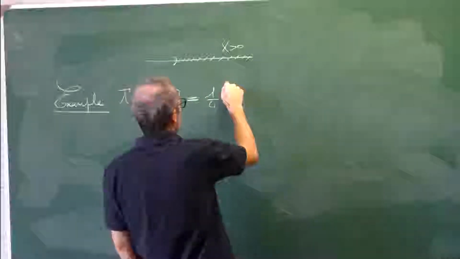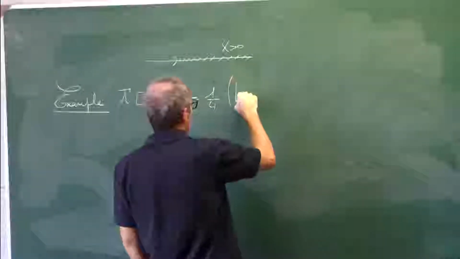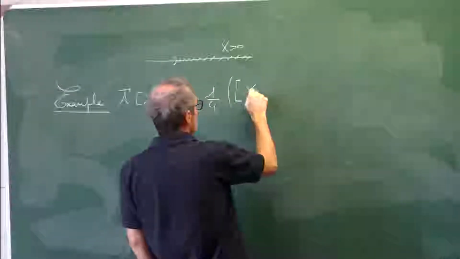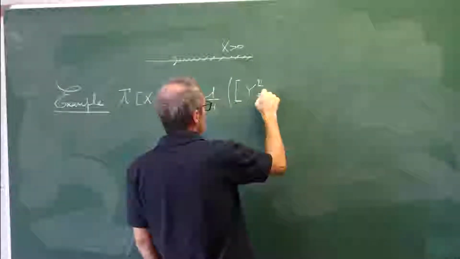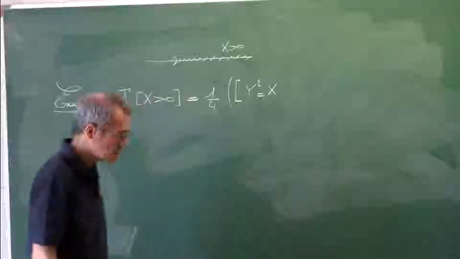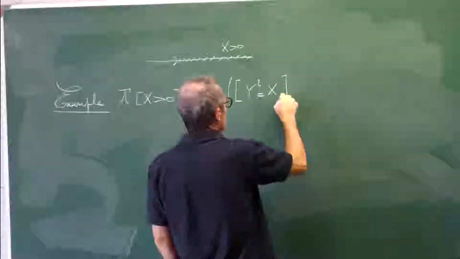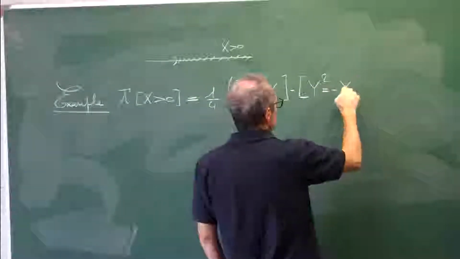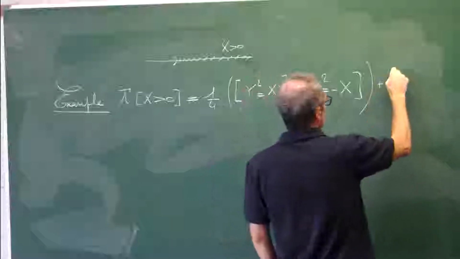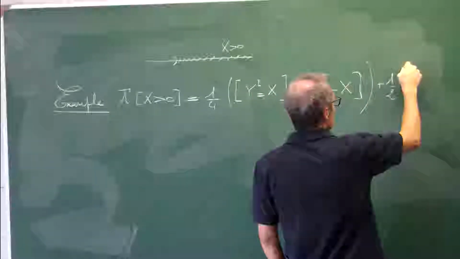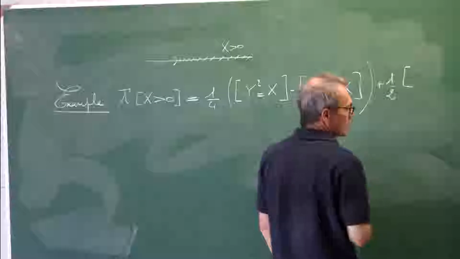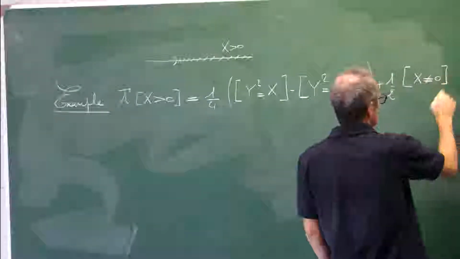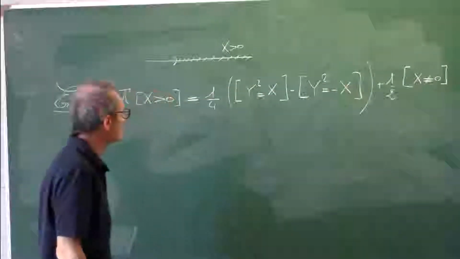We have to consider here y square equal x, minus y square equal minus x, plus 1/2 of x different from 0.